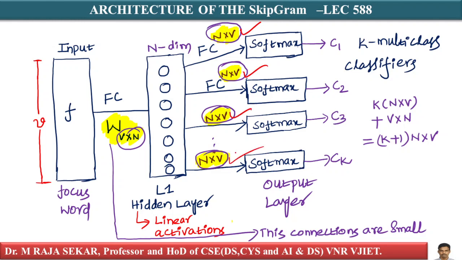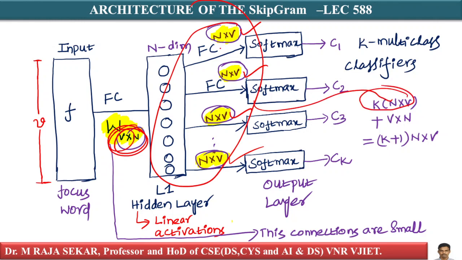You have K n cross V weights, as you have to predict K context words. And n cross V is the number of weights you have here. This entire thing contributes n cross V plus n cross V plus n cross V. How many times? K times. Therefore, it is K n cross V.